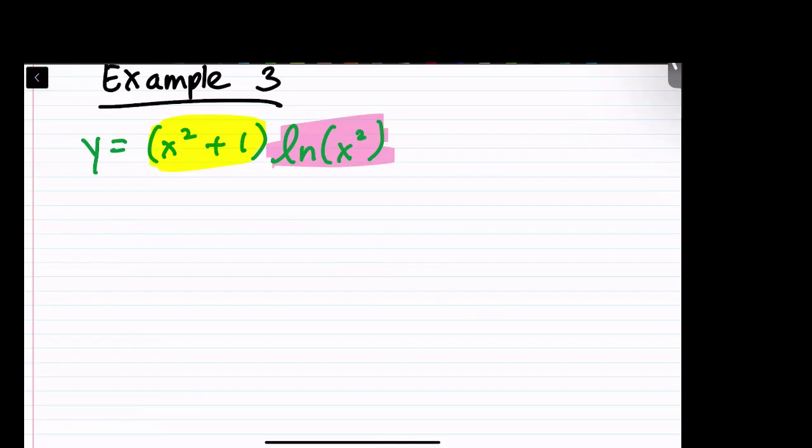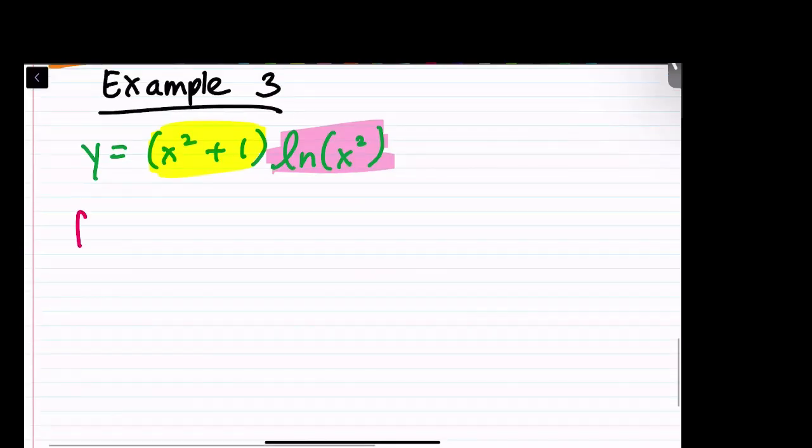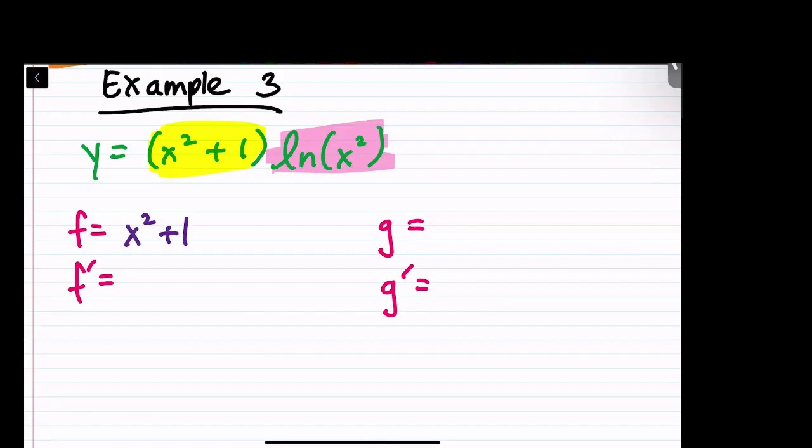Just like before, let's identify our f and g's and their respective derivatives. F being x squared plus 1, and g being the natural log of x squared.